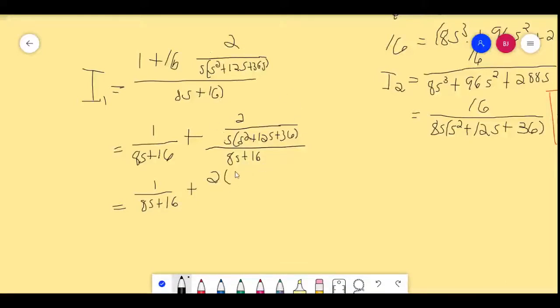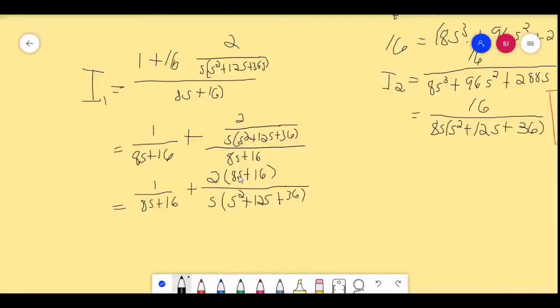So 2 times 8s plus 16 divided by s squared plus 12s plus 36. Okay.